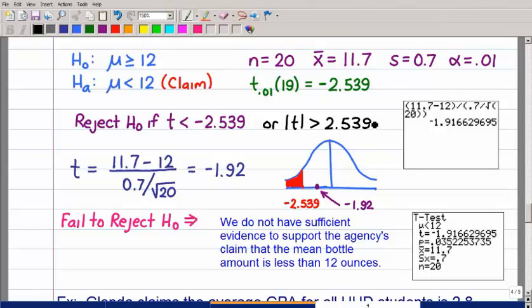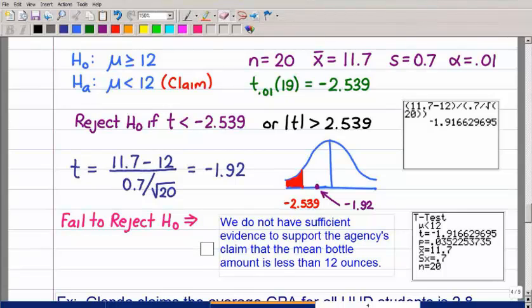It's not to the left of negative 2.539. Or like I said, if you use the absolute value, positive 1.92 is not greater than positive 2.539, as I have put in that little statement right there. So we fail to reject. And then we could say we do not have enough evidence to support the agency's claim that the mean bottle is less than 12.1 ounces.